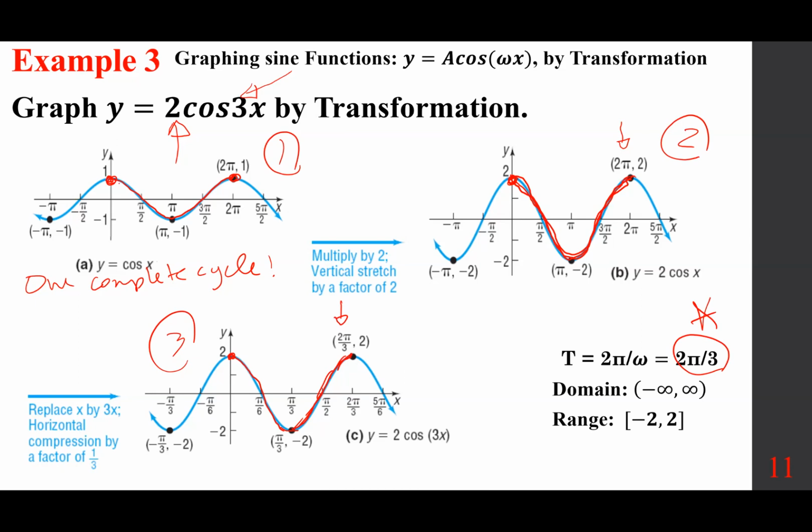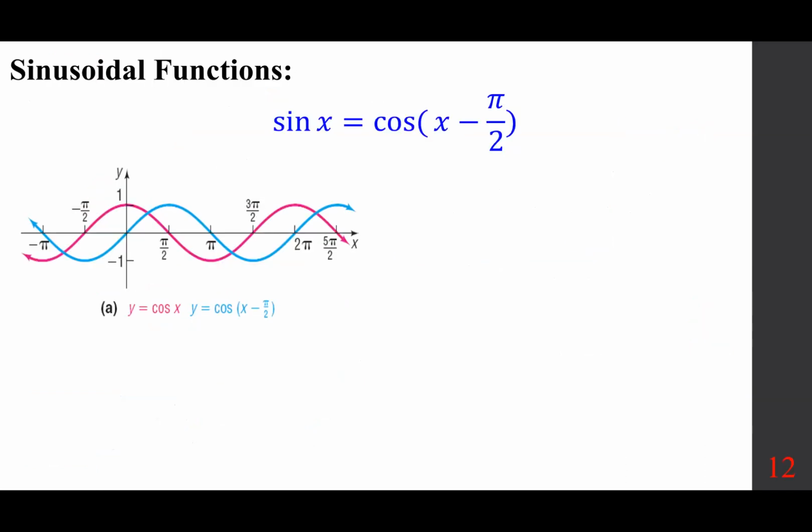Now, let's discover the relationship between sine and cosine. Every sine can be represented by a cosine function and vice versa, and that's why many times in applications we may use only sine. So sine x is the same as cosine of x minus pi over 2.